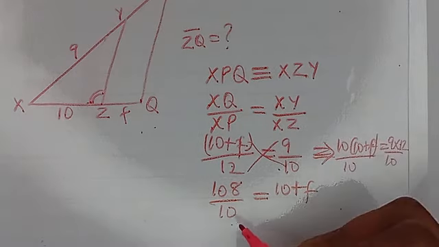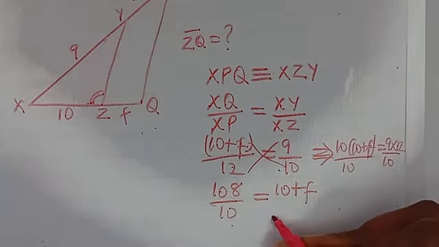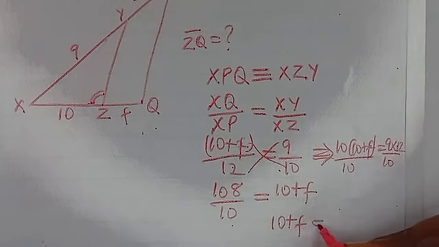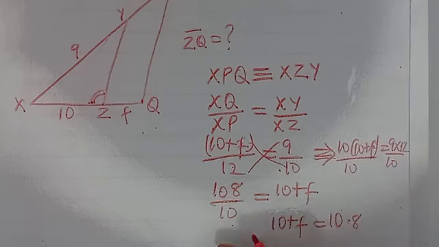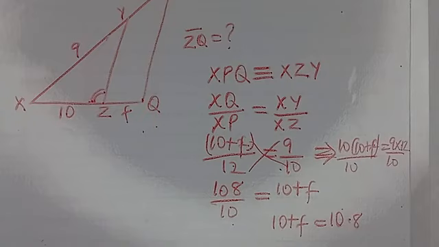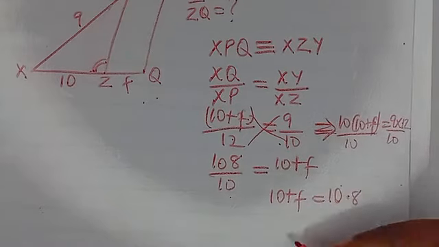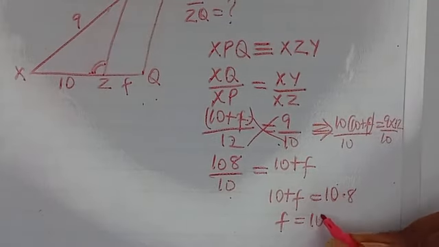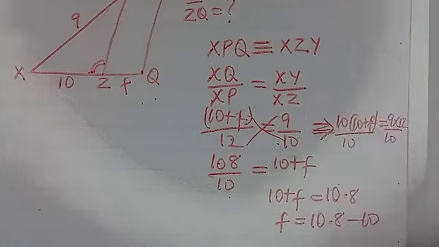Okay, so we have that 10 plus F is equal to 10.8. That's when we divide by 10. And then from here we have that F is equal to 10.8 minus 10.